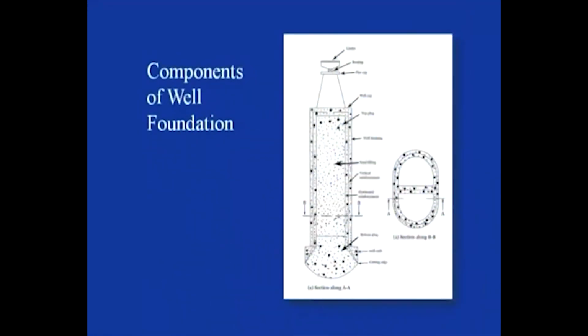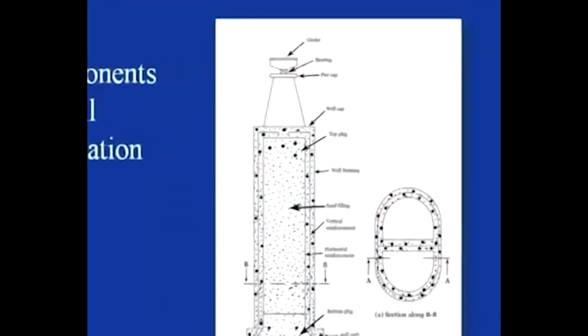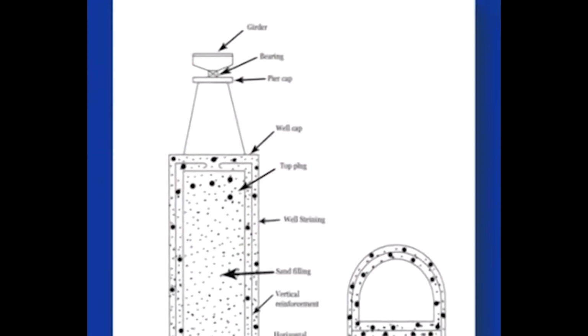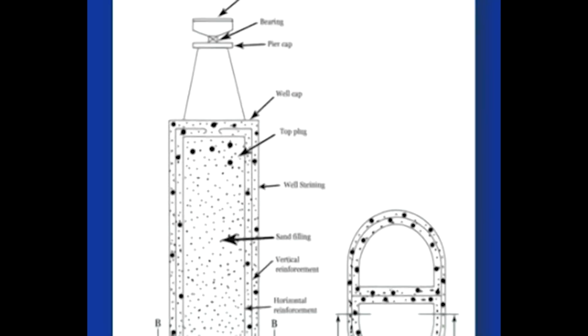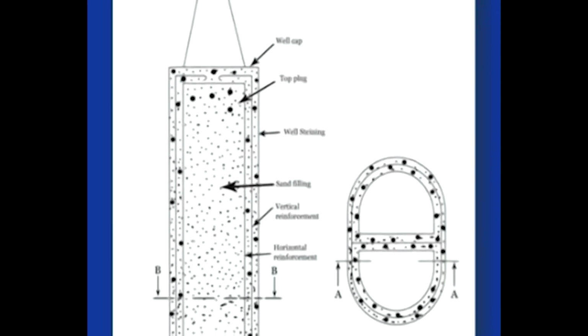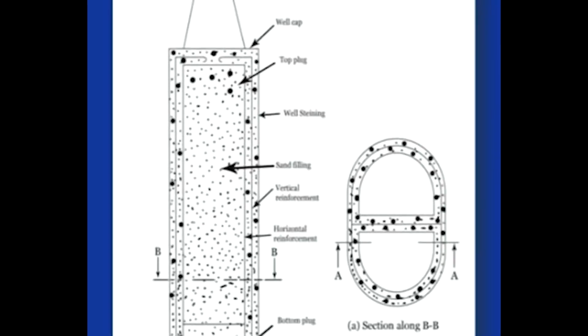You can see here that up to this point is the sand filling, and then the top portion is again plugged with concrete, and this forms the top plug. Now you can see that all the components are in contact with each other: the well cap is in contact with the top plug, then the sand filling, then the bottom plug.